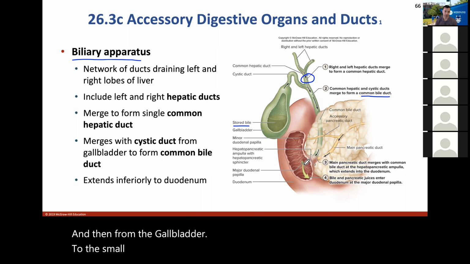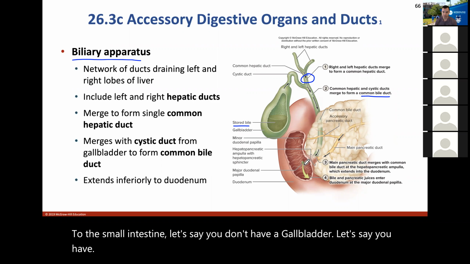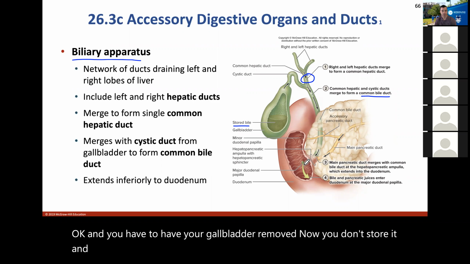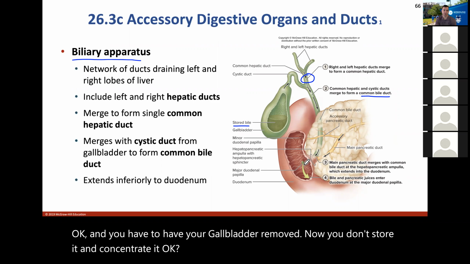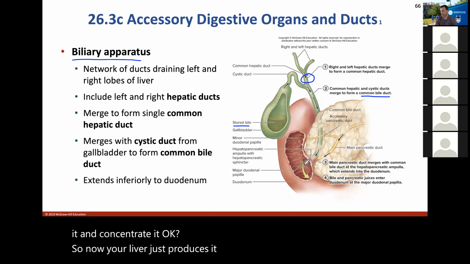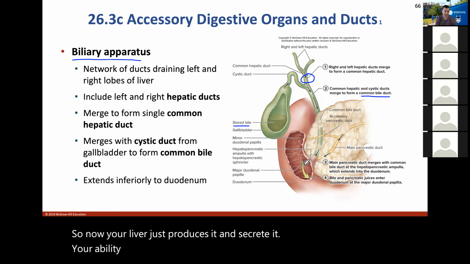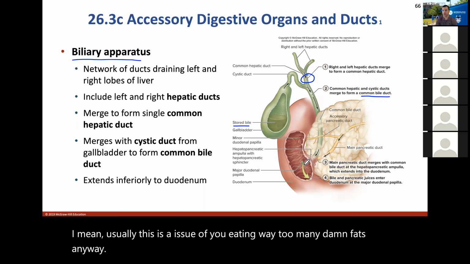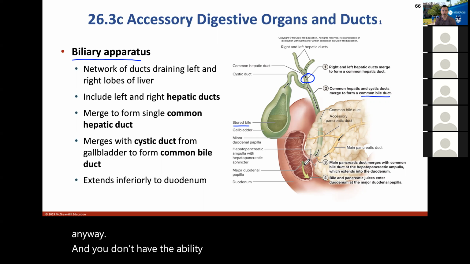Let's say you don't have a gallbladder. Let's say you have gallstones, and you have to have your gallbladder removed. Now you don't store it and concentrate it. So now your liver just produces it and secretes it. Your ability to break down fats diminishes greatly, but usually this is an issue of eating way too many fats anyway, and you don't have the ability to truly concentrate sufficient bile.